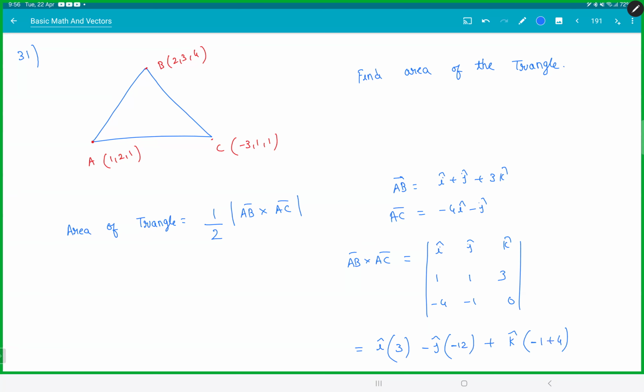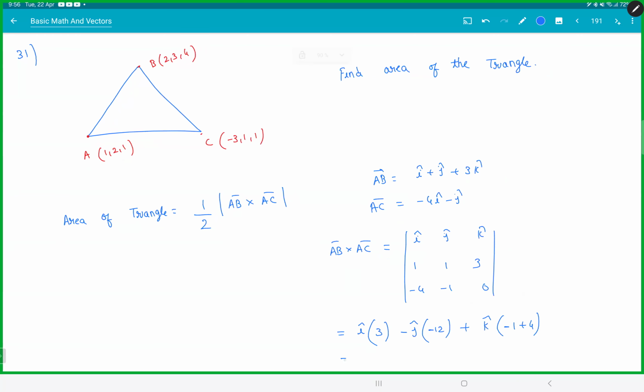There you got a vector: 3I plus 12J plus 3K. Therefore, this area will be half of the magnitude, root of 3 square, 12 square, and 3 square. That is 9, 9, and 144. How much is that? 144 plus 18 is 162.